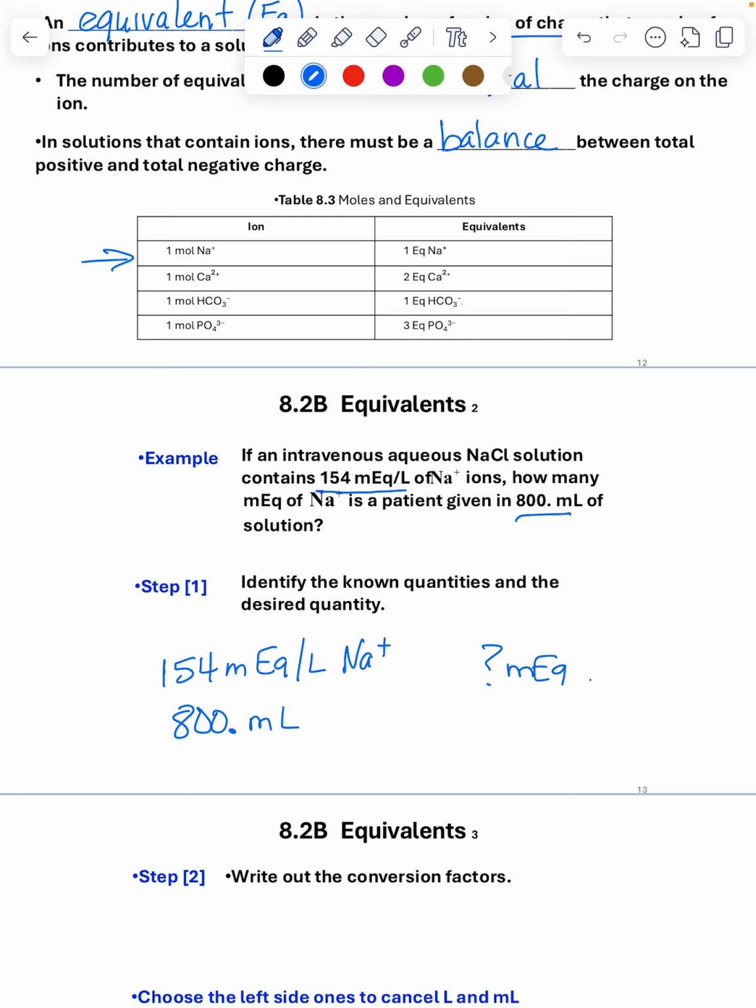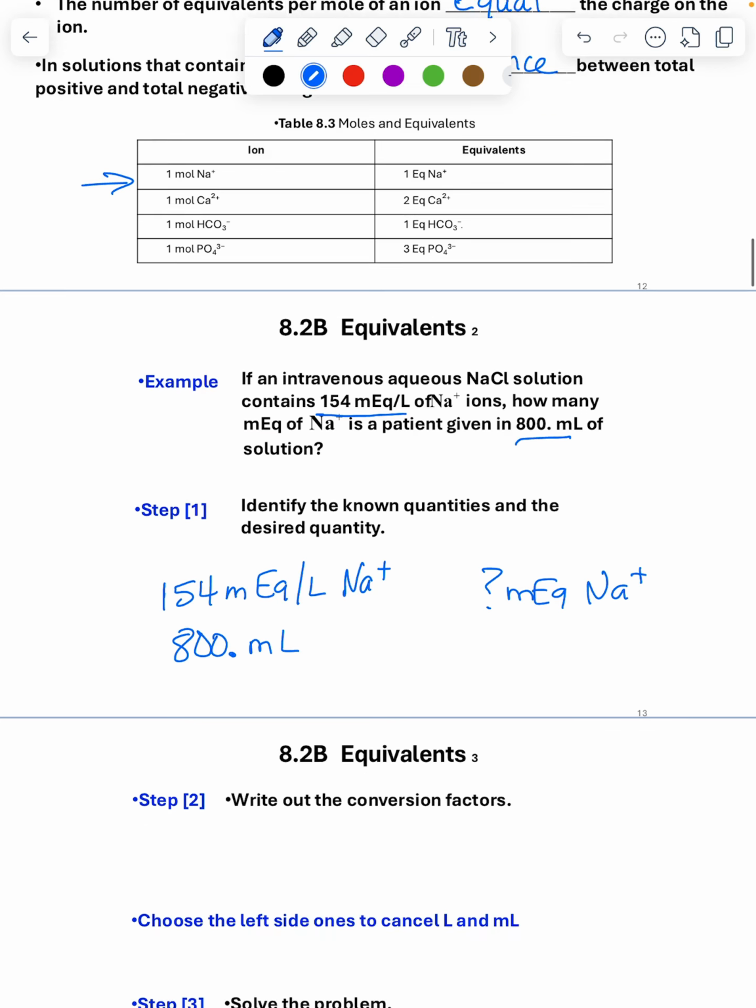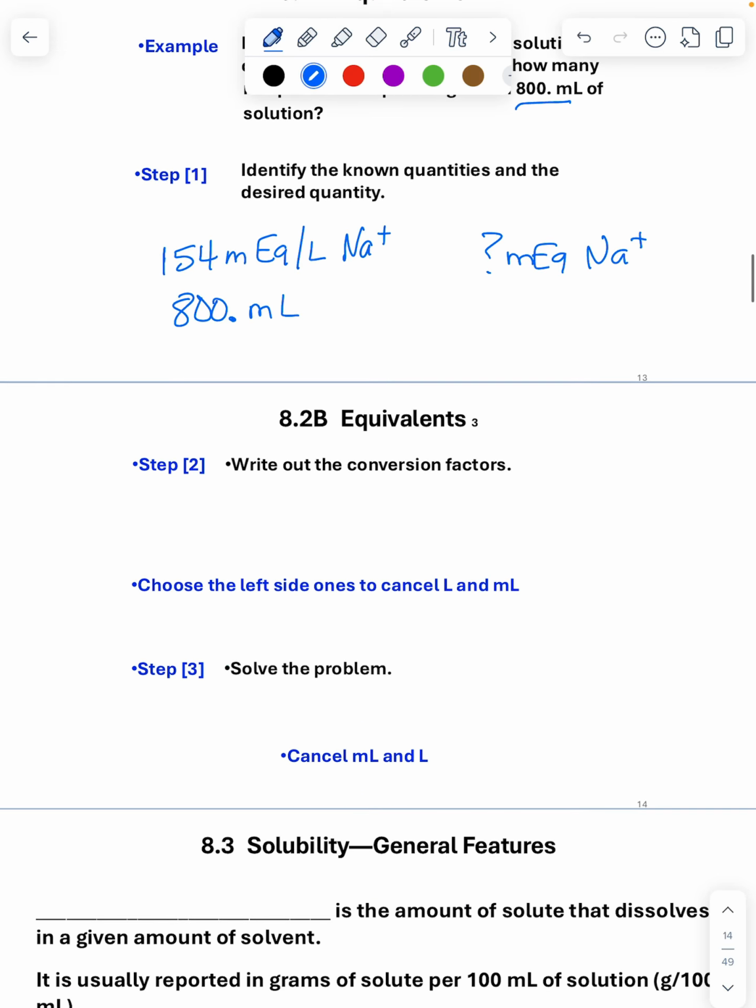Okay, so once we've done that, next we want to think about our conversion factors. And so we're going to have 2 different conversion factors here because we need to be able to change from liter to milliliter. So we'll start with our equivalent.